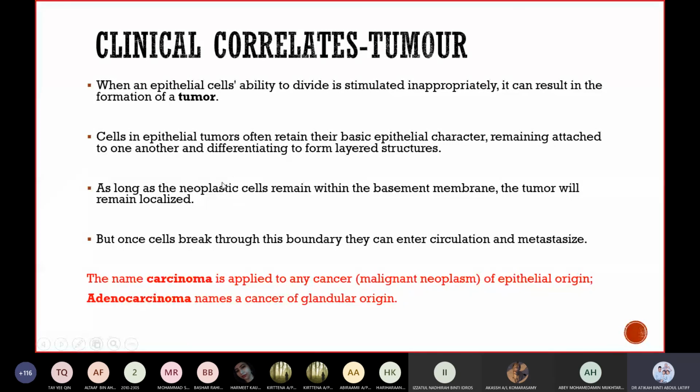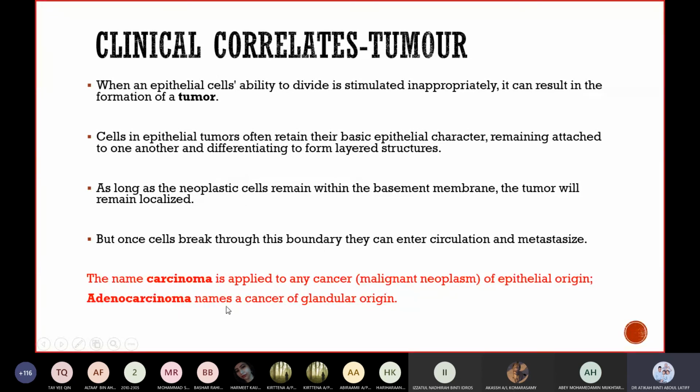If the tumor cells remain in the epithelium, meaning they don't cross the basement membrane, the tumor is localized to the epithelium. But once it crosses the basement membrane, it can enter the blood and metastasize to other organs. And the name of the cancer of epithelial origin is adenocarcinoma.